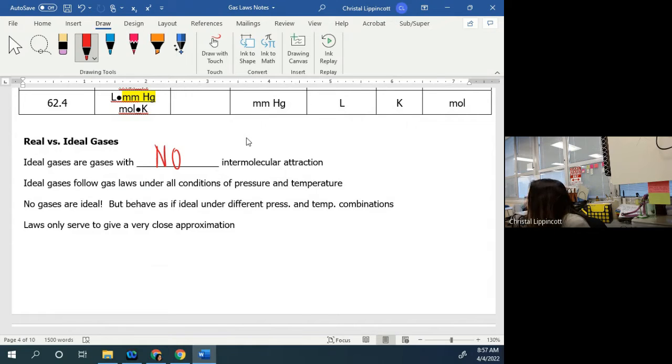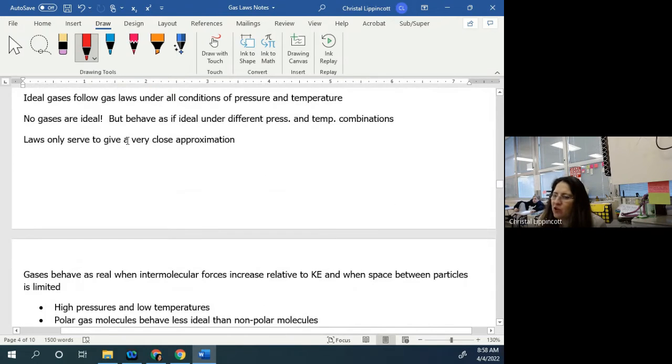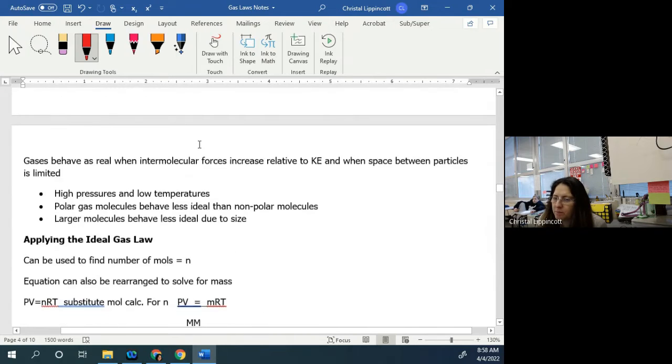In AP, you assume everything's ideal as well because it makes the math easier. If you get into college, some advanced courses, then they'll pull that rug out from underneath you. But we don't do that in here. Okay? They give us a good idea of what is happening, though.